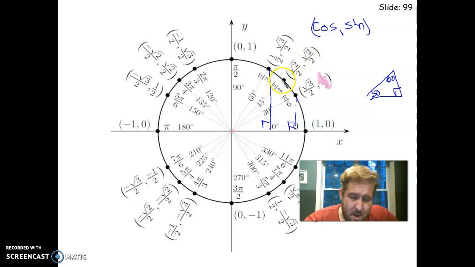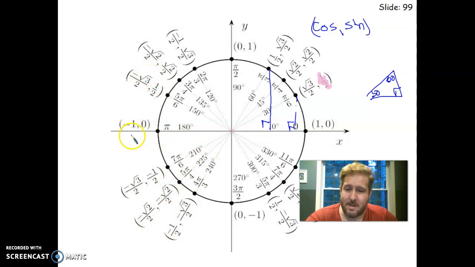Now, 45 degrees is that isosceles triangle. It's square root of 2 over 2 for both of the answers. Now, all of these answers over here are basically based upon what quadrant it's in. So if it's in the second quadrant, you know it's going to be a negative cosine and a positive sine, because it's literally left negative and up positive.